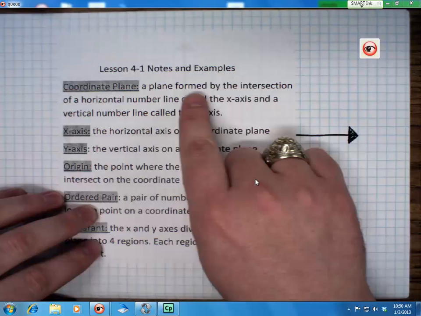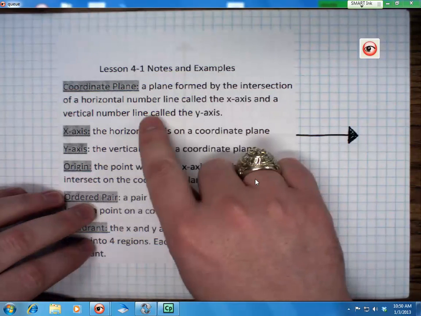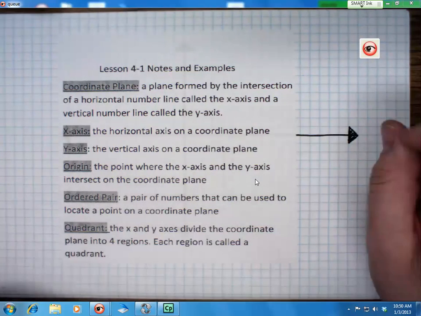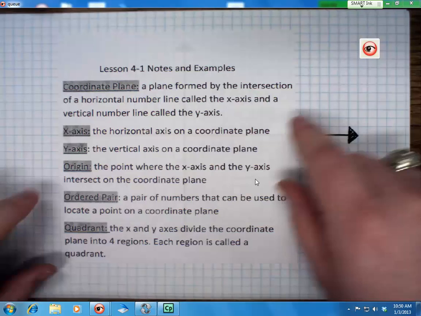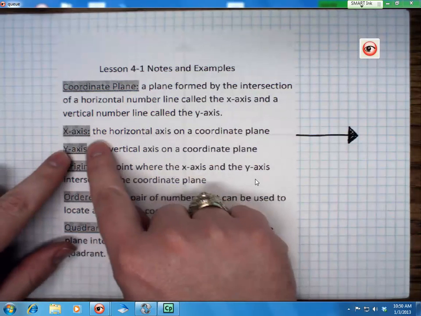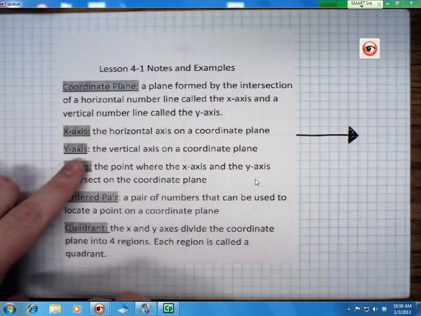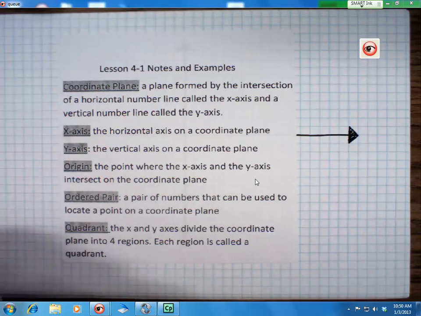It is a plane formed by the intersection of a horizontal number line called the x-axis and a vertical number line called the y-axis. Okay? Your x-axis is the horizontal axis on a coordinate plane. The y-axis is the vertical axis on a coordinate plane.